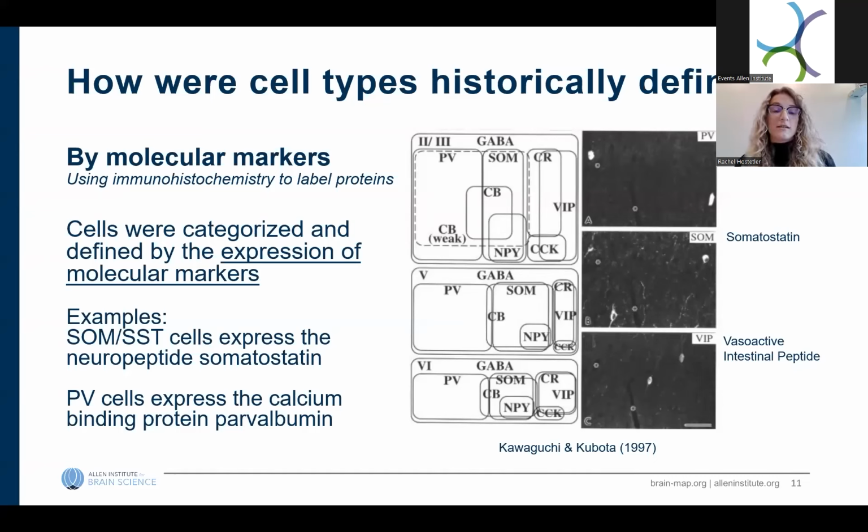By doing different immunohistochemical experiments and double and triple immunohistochemical staining, researchers were able to see that these GABAergic cells have different expressions of different proteins. And so researchers started calling cells SST or SOM cells based on their expression of somatostatin, or calling PV cells PV because of their expression of parvalbumin.